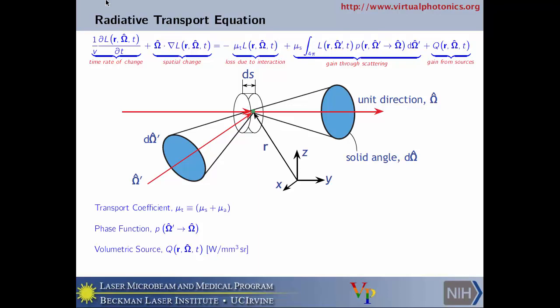That's parameterized through the single scattering phase function, which has to be multiplied by the radiance available at these other directions, omega prime, integrated over all of them, and multiplied by the scattering coefficient, because you have to have scattering present in order for that transition from omega prime to omega to occur. And then you have gain from whatever sources you may have in space and in angle.